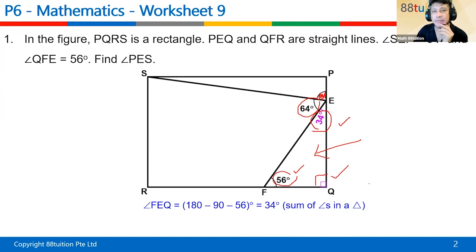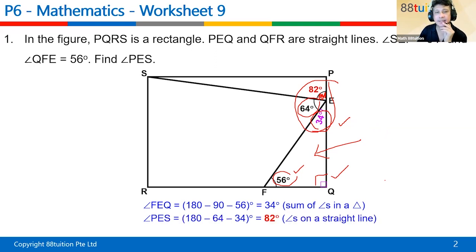Once we have this 34, we can solve for the angle that the question is asking for, PES. Because PES, 64 and 34, the three angles all rest on one straight line. What do we know about straight lines? All the angles will add together to get us 180 degrees. Which means if I want to find PES, I take 180, minus the 64, minus the 34. And so we have solved that question. Quite easy, yeah?